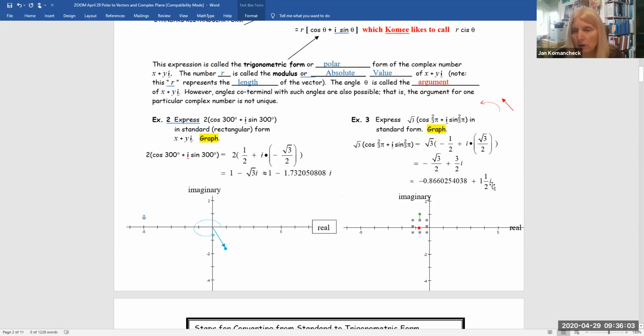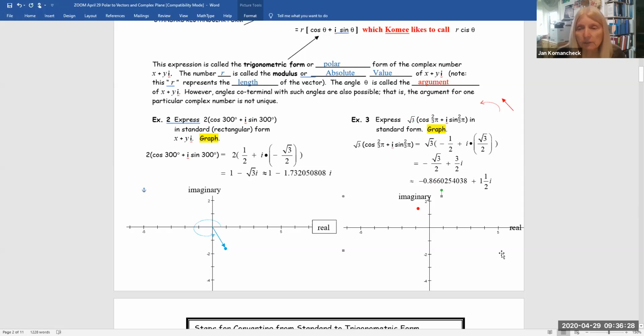And then I have to go up 1.5 in the imaginary direction. I think that's too high. Okay, that's looking pretty good.